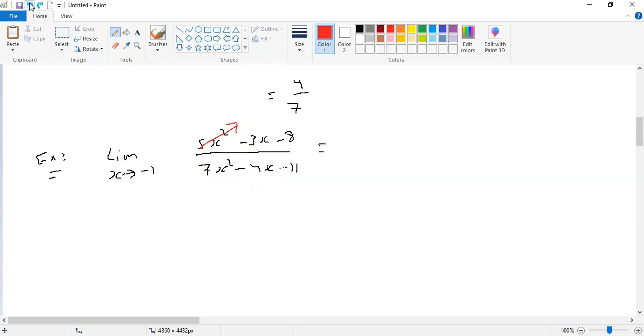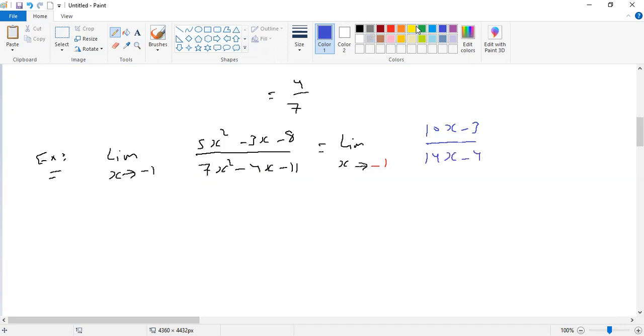So the limit will be the derivative of the numerator over the derivative of the denominator. So the limit as x approaches -1 of the derivative of the numerator, which is 10x minus 3, the derivative of 8 is 0, over the derivative of the denominator, 14x minus 4.